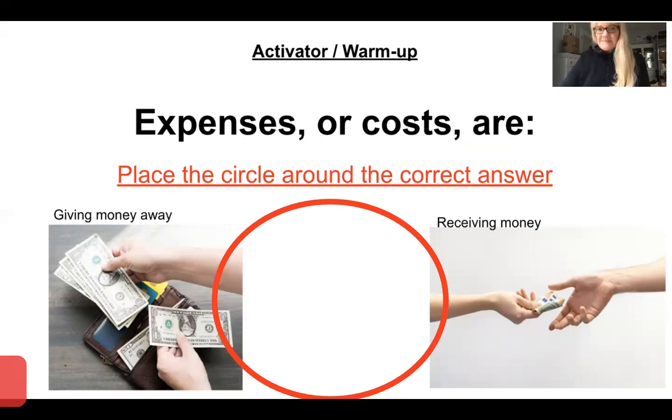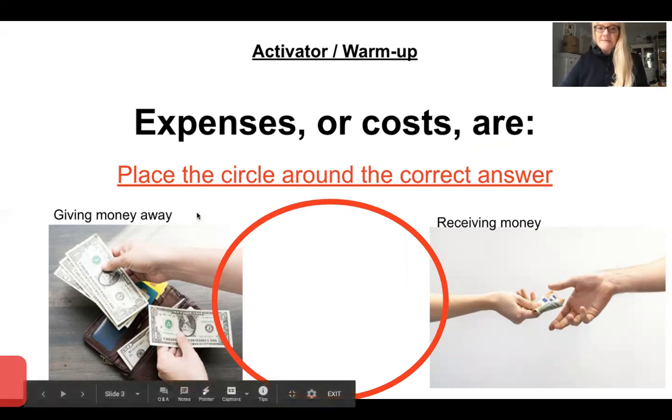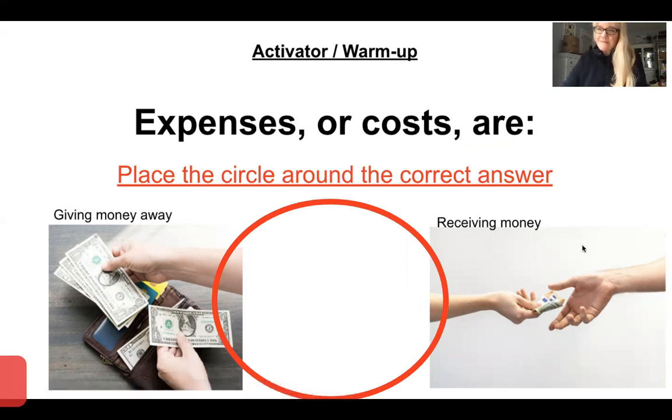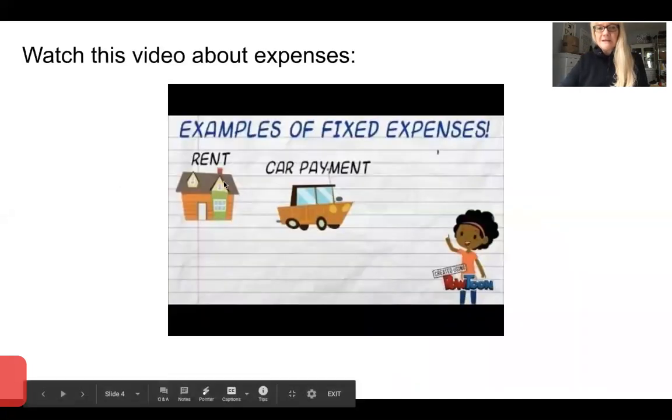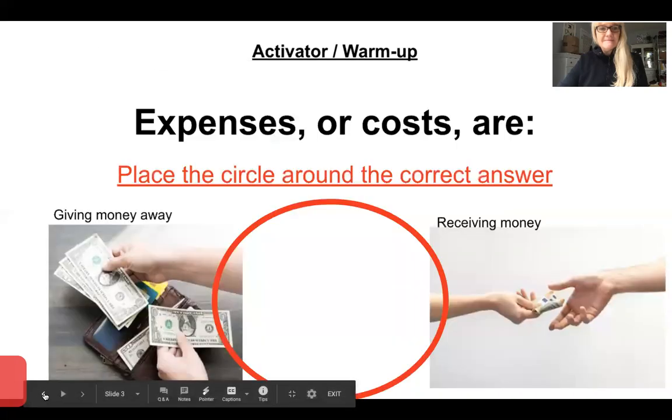We're going to talk about expenses or costs and what they are. So expenses or costs, and let's think about this. Are expenses or costs money that we give away, or is it money that we receive? So let's think. What do you think? I just told you what it is. So you're going to think about it, and I want you to pause the video and move the circle. Whoops. Oh, we have to go back.